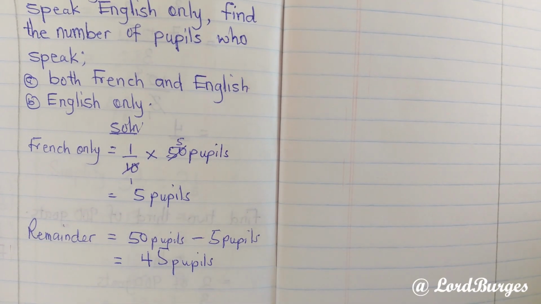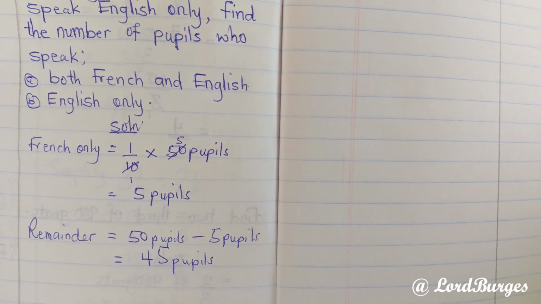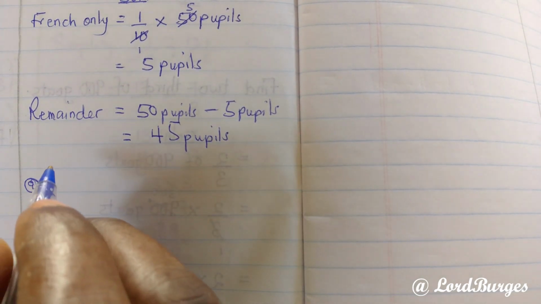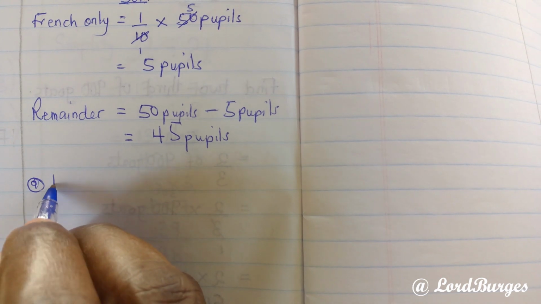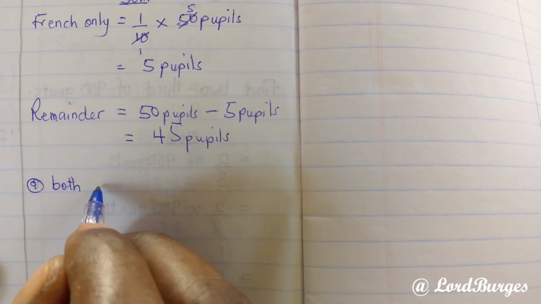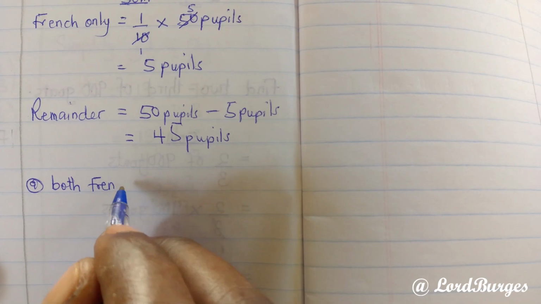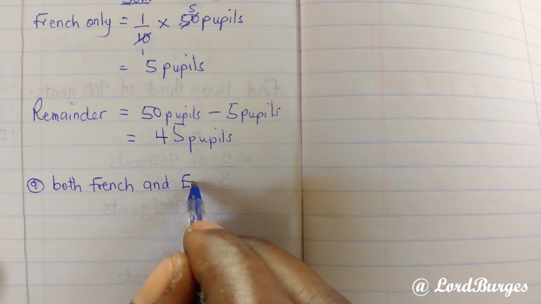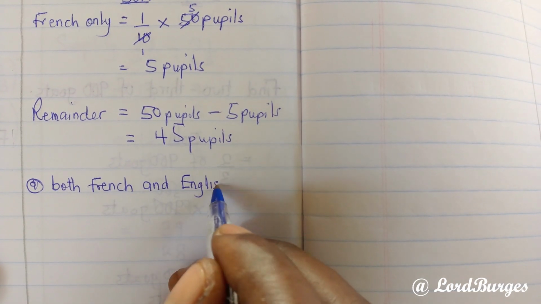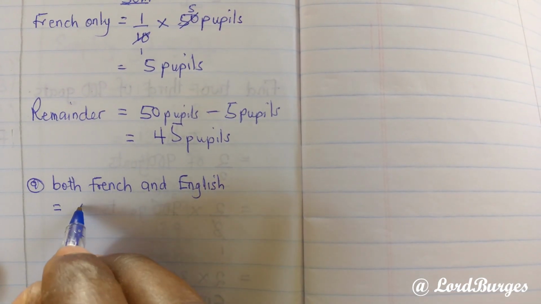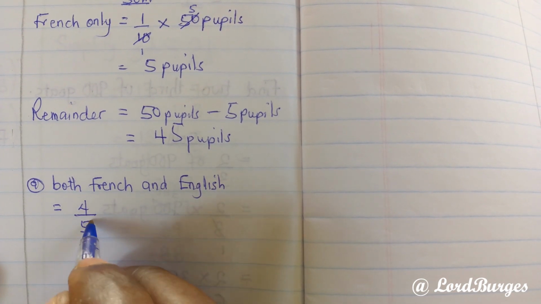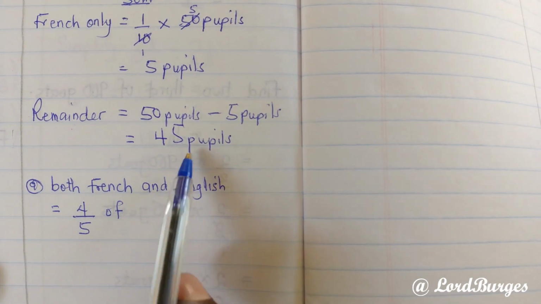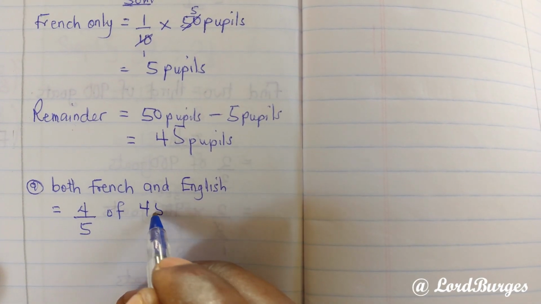Therefore, our (a), which is both French and English, will be equal to 4/5 of the remainder, and the remainder is 45 pupils.